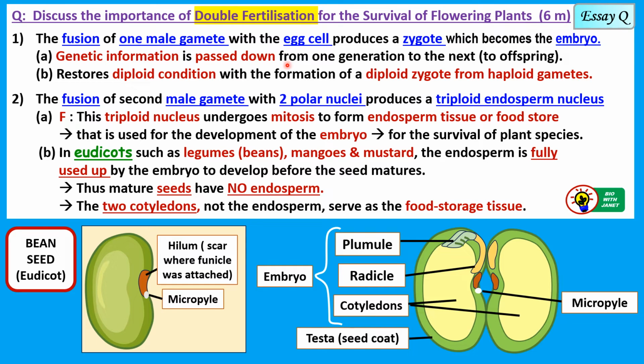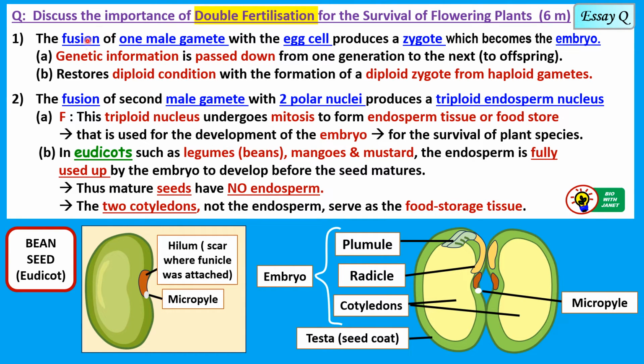So there are two parts to this. It's talking about the fusion of the male gametes with the different parts of the embryo sac. So the first one is the fusion of one male gamete with the egg cell to produce a zygote, which then later on undergoes mitosis to become the embryo or young plant.